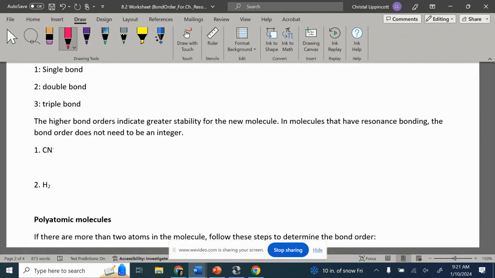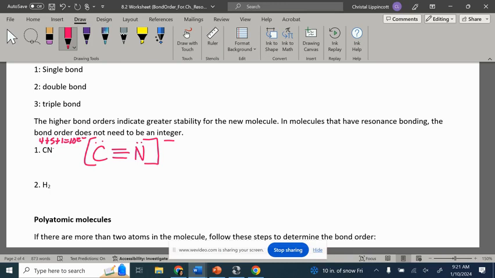Let's figure out our bond order for this guy. We've got carbon is 4 plus 5 for our nitrogen plus 1 is 10 electrons. Excuse me. So then I need to do my square brackets because I have a negative charge on this.